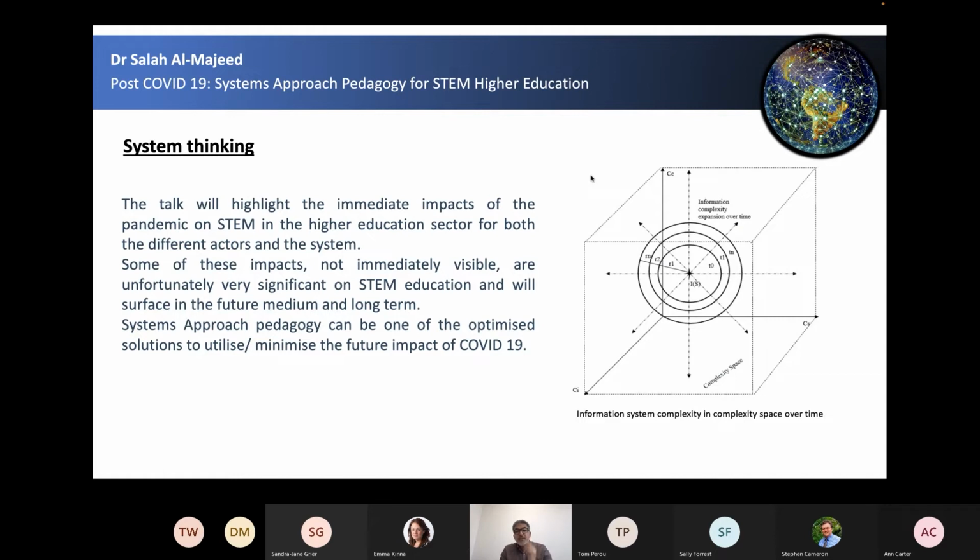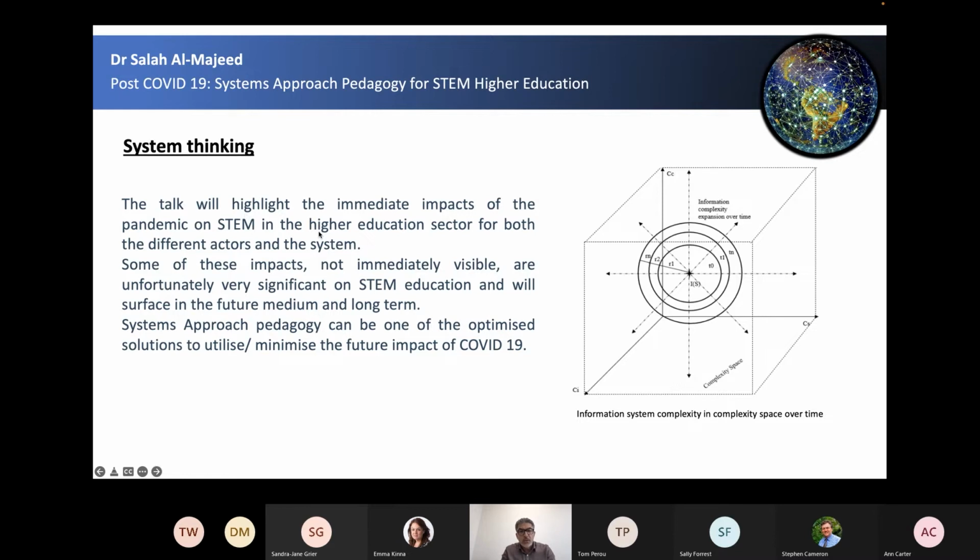From that perspective in system thinking, I have some very nice publications around system complexity and system space, and I found that can be reflected very nicely into the higher education system, and how any change of these parameters within the higher education system can have a lot of impact, in fact, on other ones in the system.